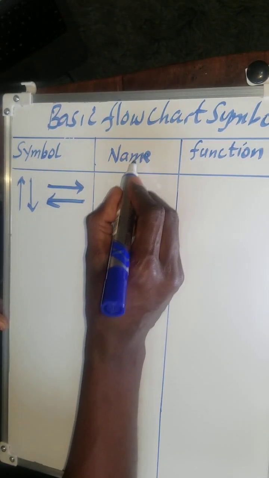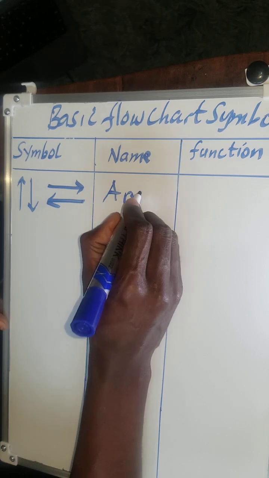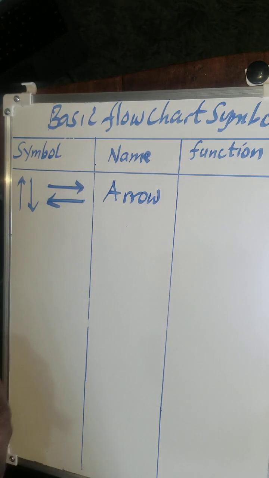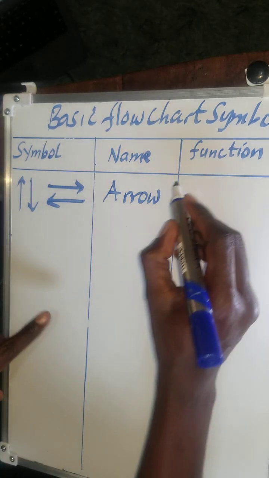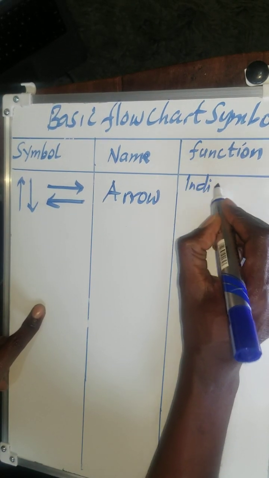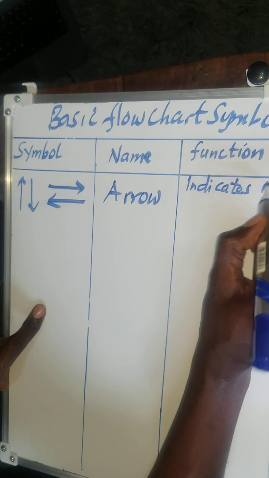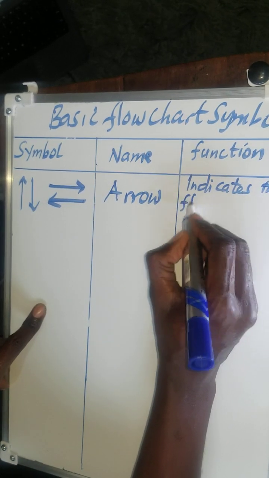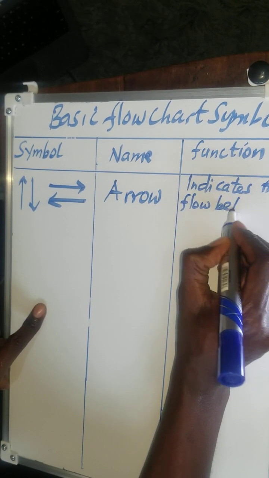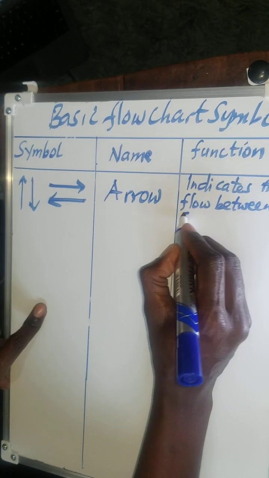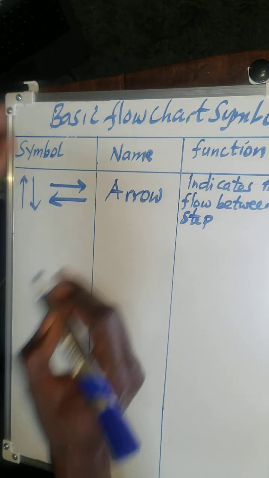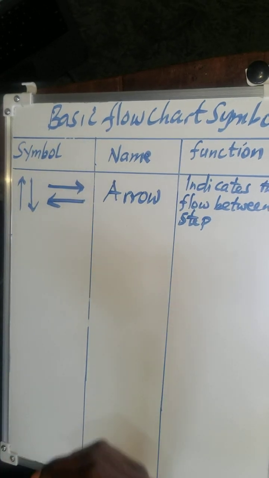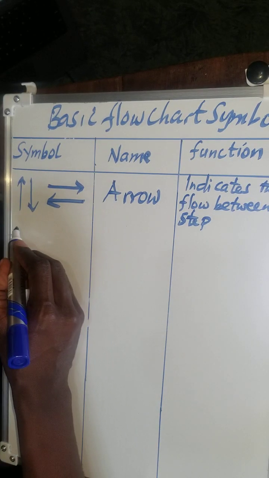So that is just an arrow. What does that arrow represent when you're dealing with a flow chart? Well, that arrow indicates the flow between steps. If you're moving from step A to step B, then that is going to be indicated by an arrow.